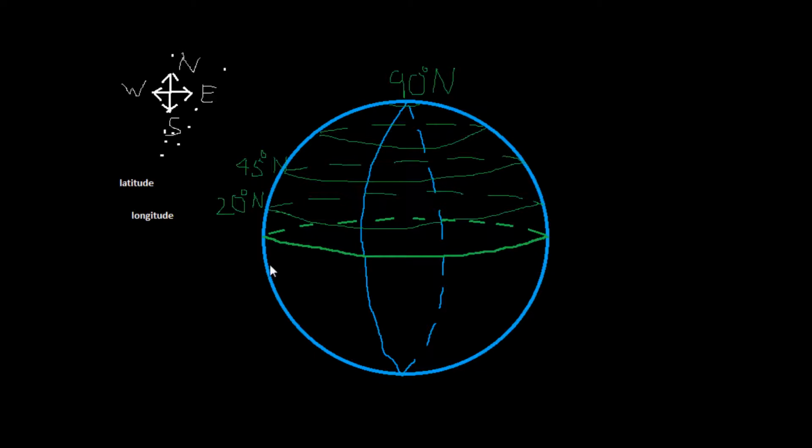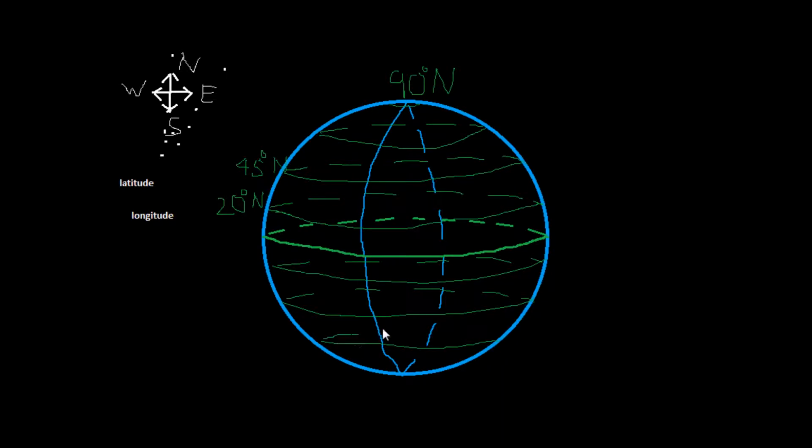Similarly, we can imagine there are lines under the equator. Here we go. And of course, on the other side, they reconnect. And then we have a line here. Okay, to give it a sense of a circle.